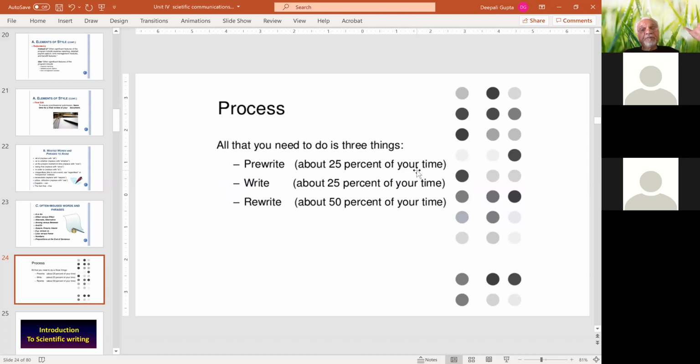In the first, you bring together various things you want to put in the document and make a rough draft. Once your rough draft is ready, go through it, and then rewrite and make a final document. So these are some of the steps which you have to keep in mind. I'll stop here and then talk about scientific writing from next week.